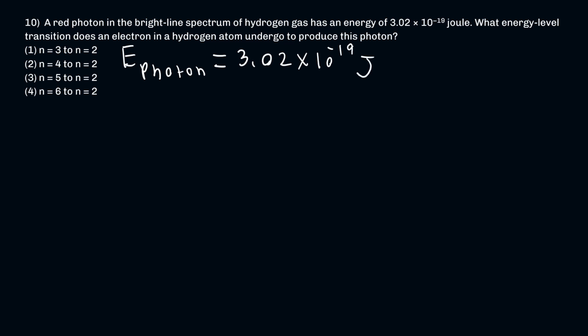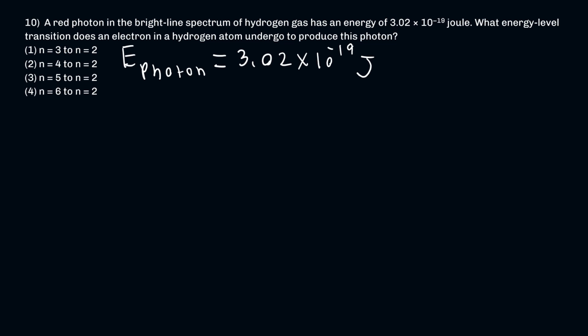All right, again, on my energy level diagram on the third page of the reference table, I am given all of my energy in electron volts. So having it in joules right now is not going to actually help me all that much. I'm going to need to convert from joules into electron volts.